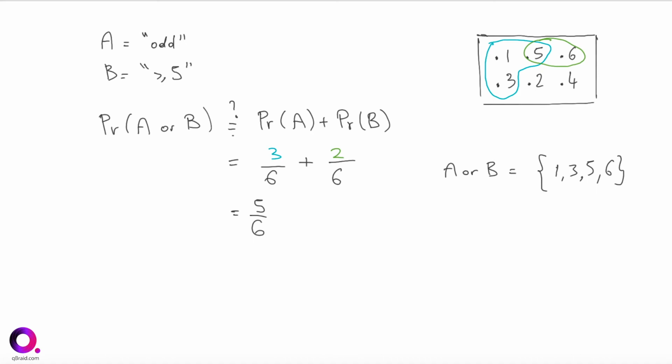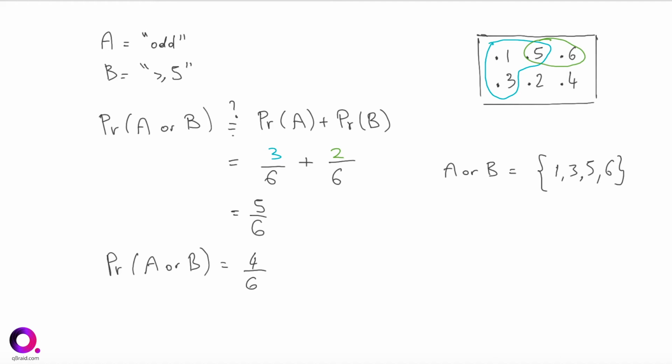And so if we calculate the probability of A or B using the definition, what we get is that this should be equal to the number of outcomes corresponding to A or B, which we have just set to be 4, divided by the total number of outcomes, which is 6. And so what we get is 4 divided by 6 instead of 5 divided by 6.